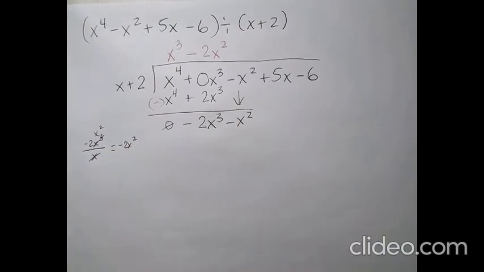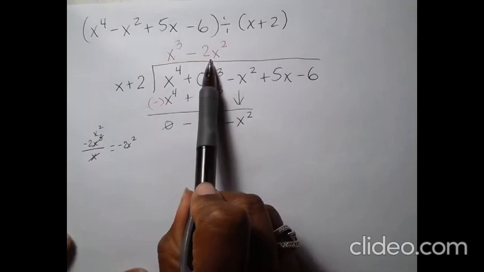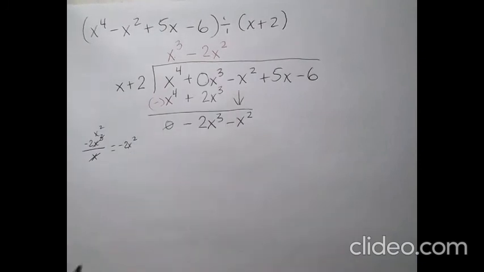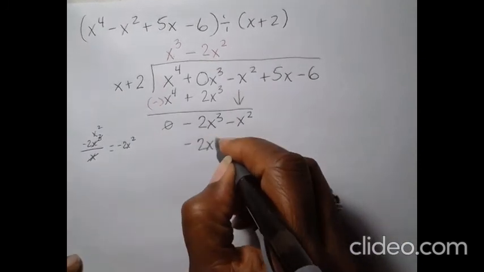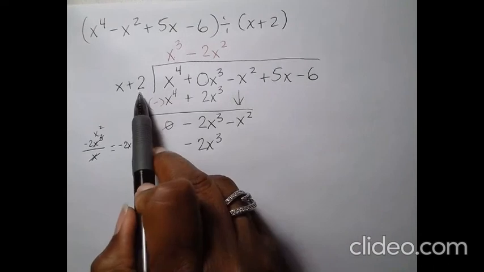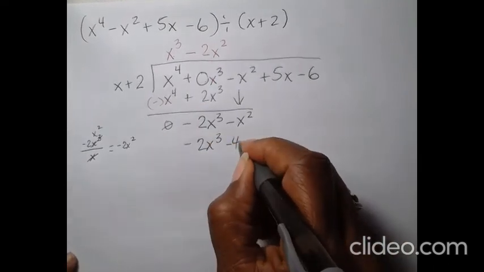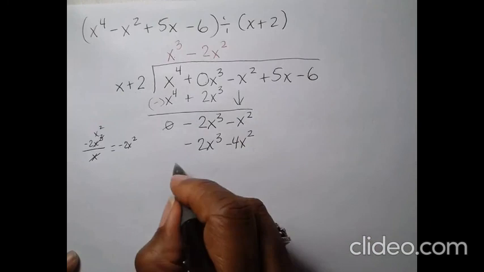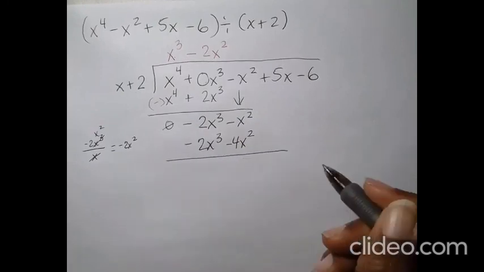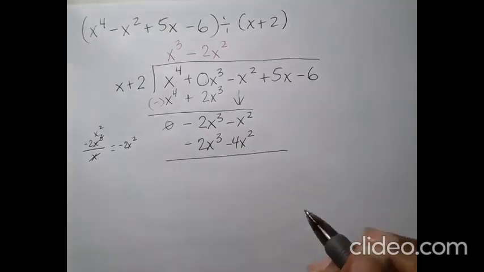Okay? So now let's multiply back. Negative 2x squared times x is negative 2x cubed. Negative 2x squared times positive 2, sorry, is negative 4x squared. Let's do our subtracting.